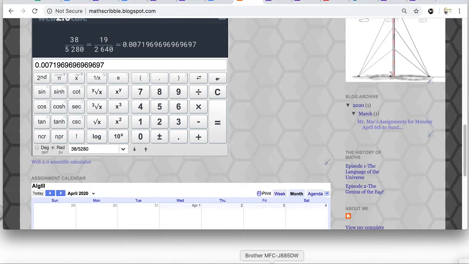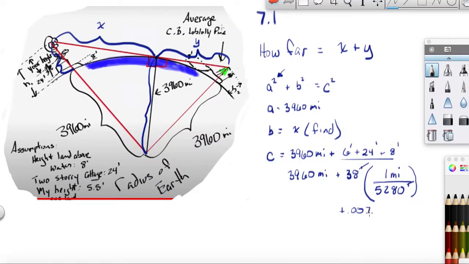And we're going to add 3960 to that. So our hypotenuse is 3,960.007197 miles.